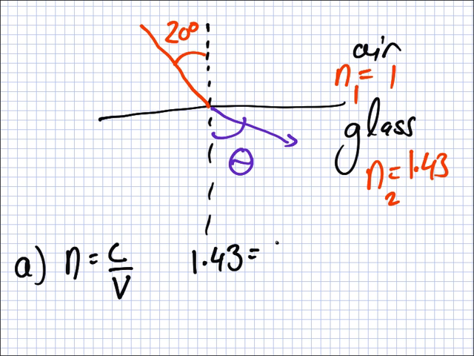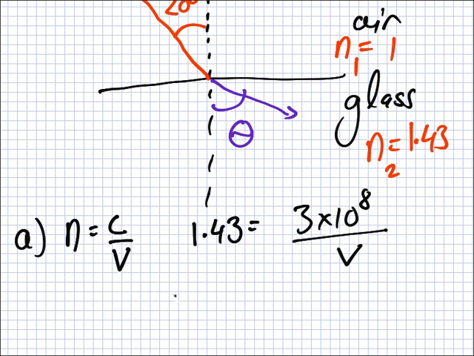So 1.43 equals, I think it's actually 2.99 times 10 to the 8, I'd have to check the formula book, but I'll just be lazy. 3 times 10 to the 8 over v, and we want the v.